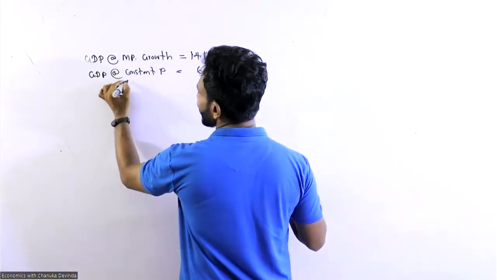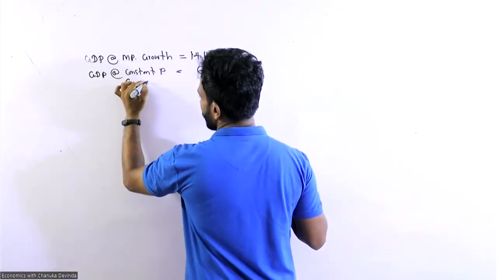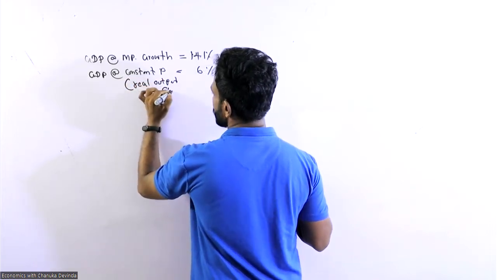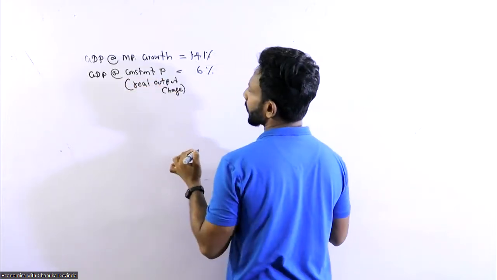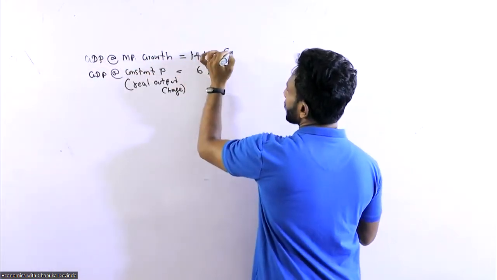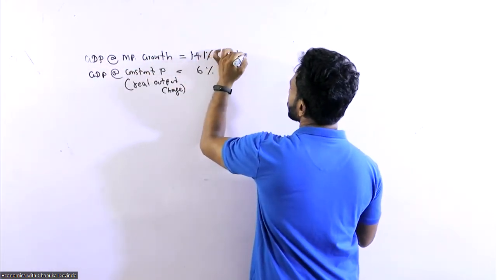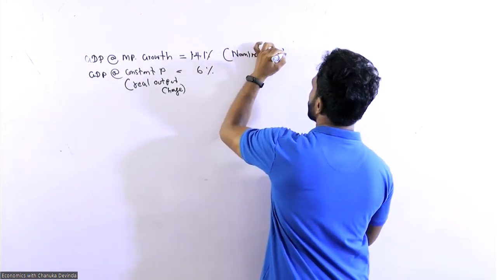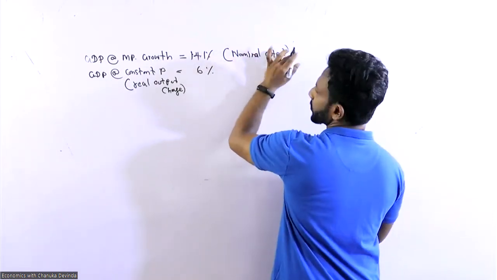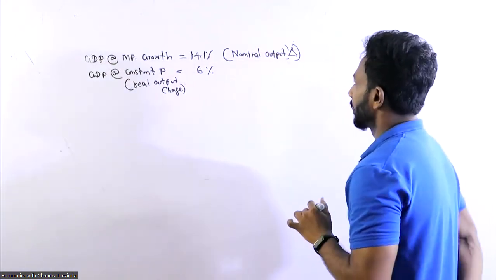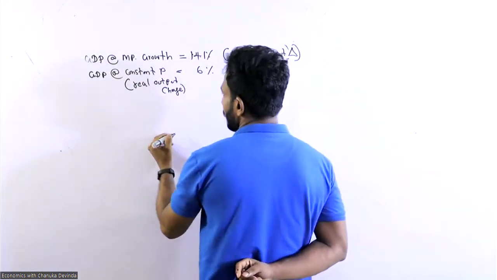Constant price is the real output change. Here GDP at market price is the nominal output change. So here we can write down a formula.